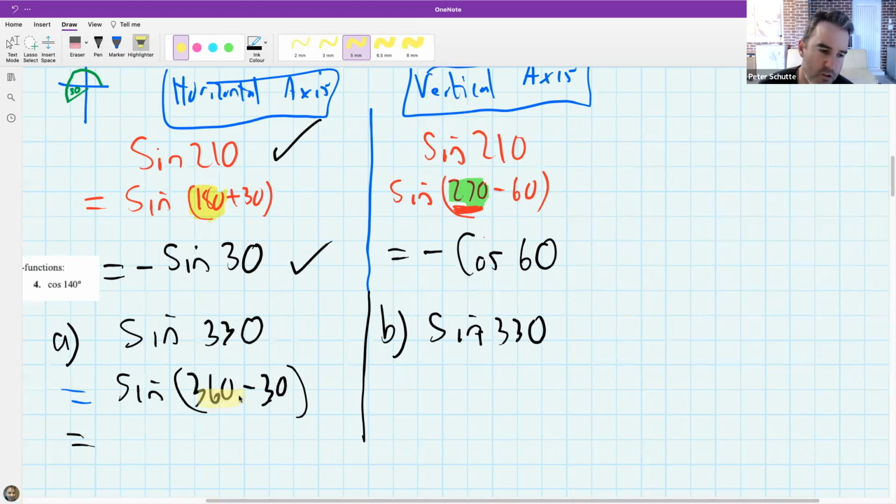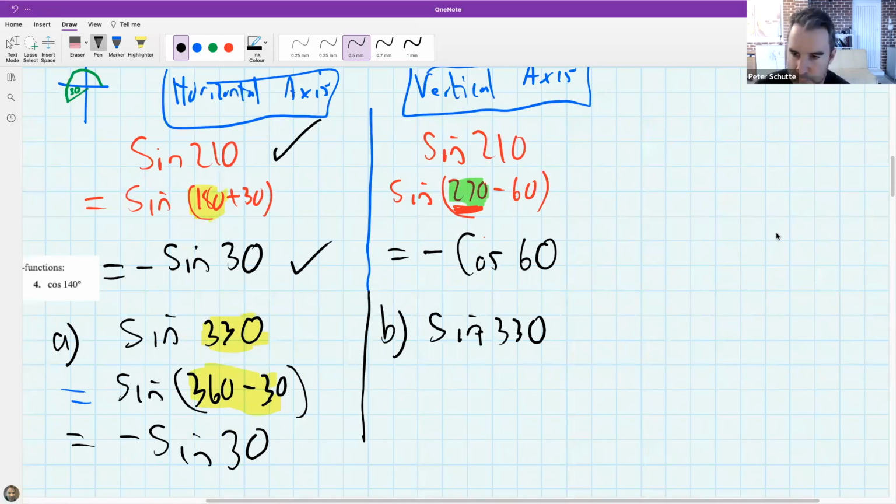This one must have the same value as that one there. What would you do from that next step? As my final answer, I got negative sine 30 because sine is negative in the fourth quadrant. Perfect. So you would get minus sine 30 because you know that in the fourth quadrant it's negative. Perfect. Thank you so much.